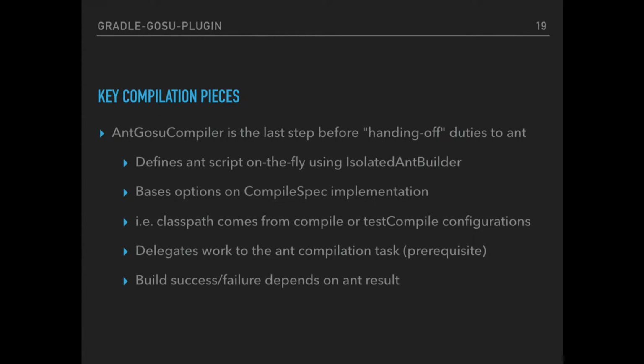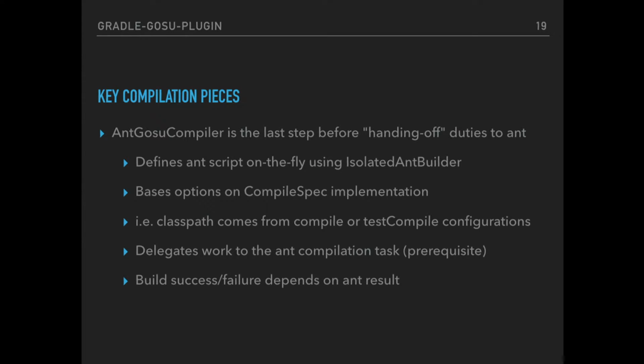There's this cool class called Isolated Ant Builder. It was frustrating that this is basically building a build.xml like you would do in Ant, but it's doing it on the fly. And at debugging time, it's a lot of fun because you won't be able to see what it contains. You just build it in a closure and kind of throw it at the wall and see what sticks.